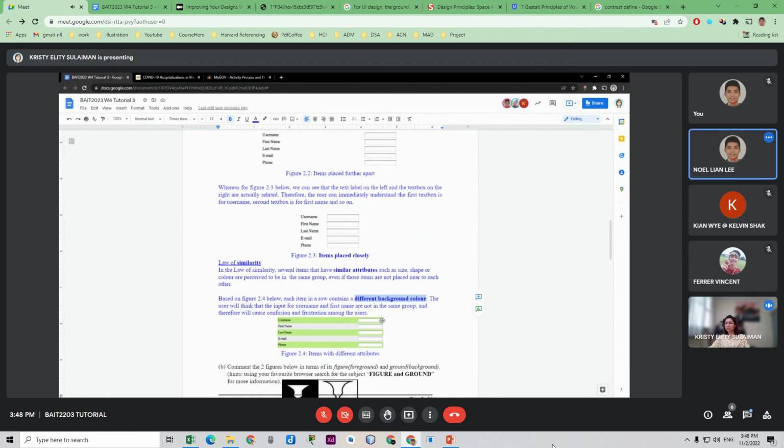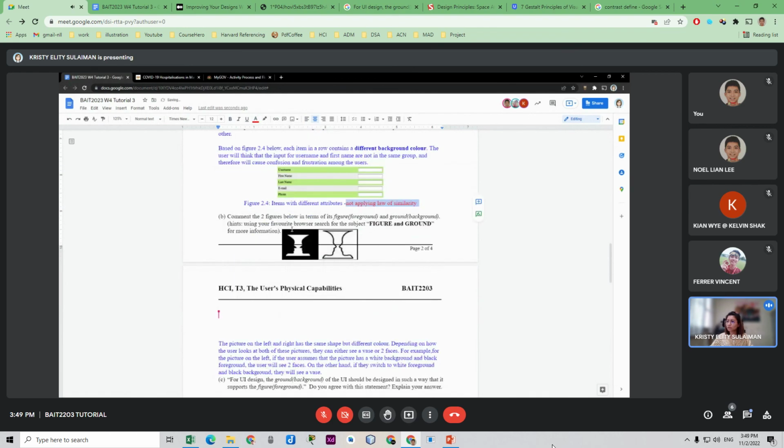Okay, so this one is items with different attributes. Maybe I just add on here, not applying similarity. Thank you, Noel. So I put this one on the next page.